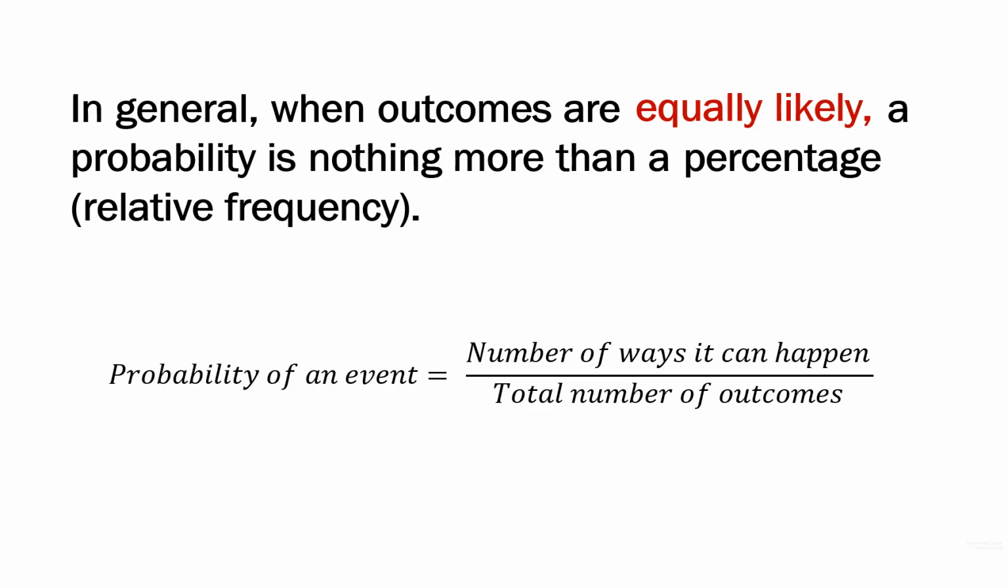So for an experiment with equally likely outcomes, probabilities are identical to their relative frequency or percentages. And we can say that the probability of an event is equal to the number of ways it can happen over the total number of outcomes. This is called the probability for equally likely outcomes.